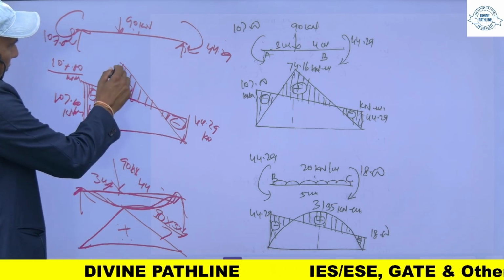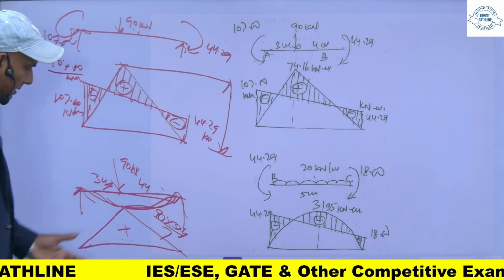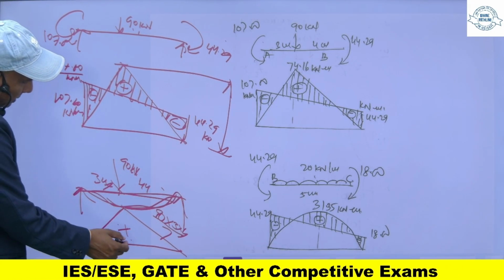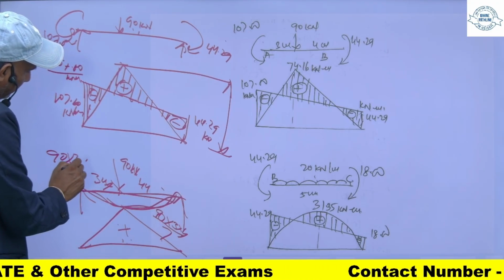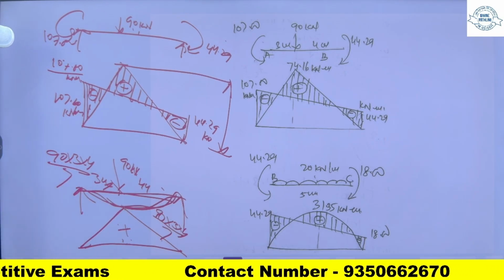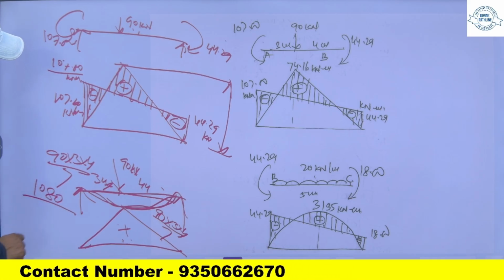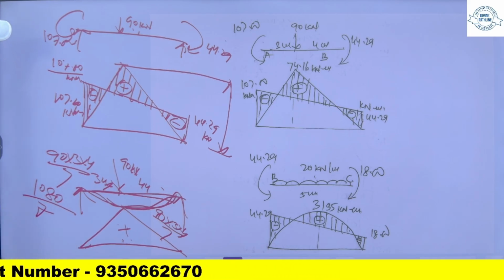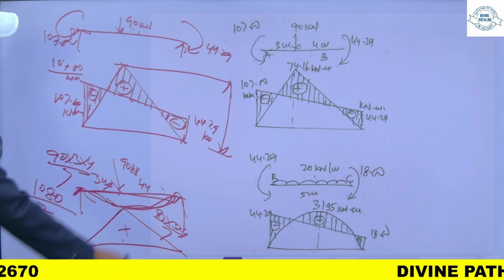So this total moment from here to here, how much is this? This is 90 into 3 into 4 by 7. So this will be 108.7.